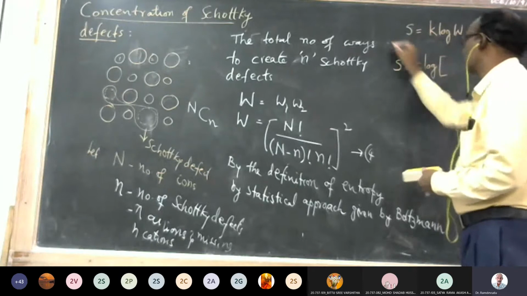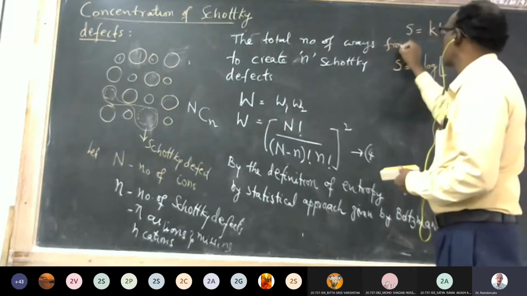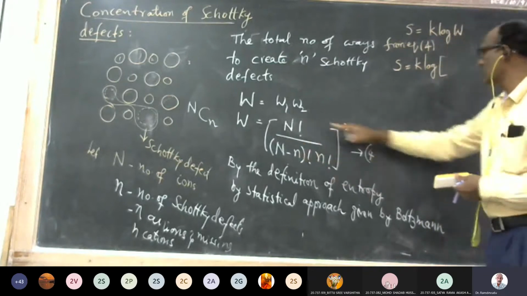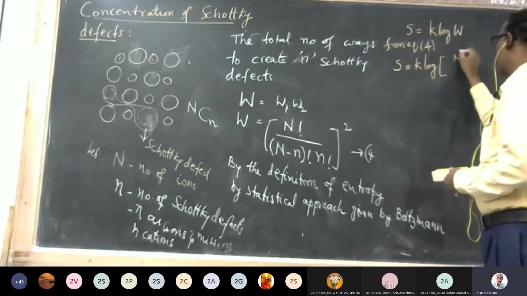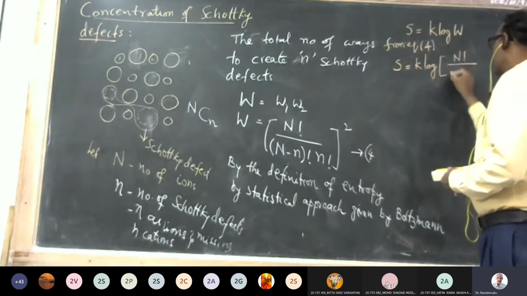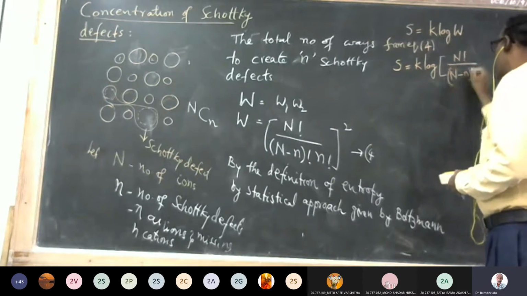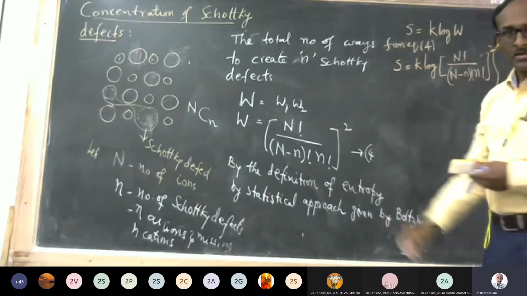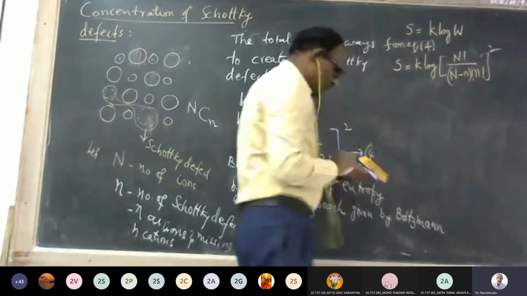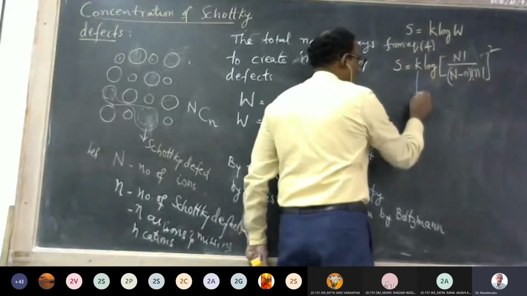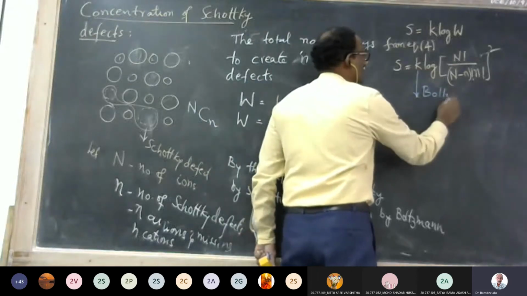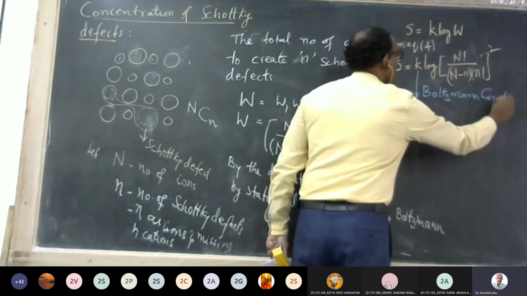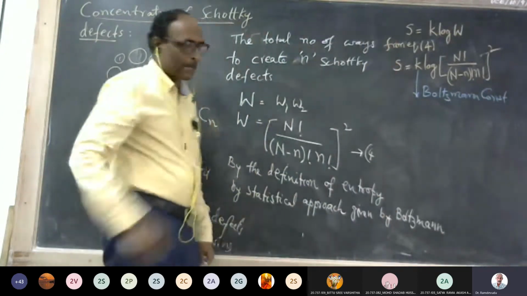From equation 4, I am substituting the W value as n factorial by (n minus n_i) factorial into n_i factorial, whole square.